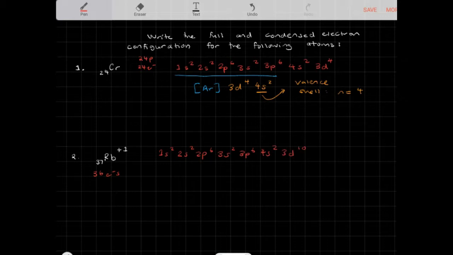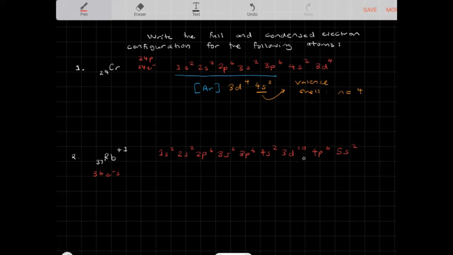That constitutes about 30 electrons, and then we get 4p6, so that's 36.